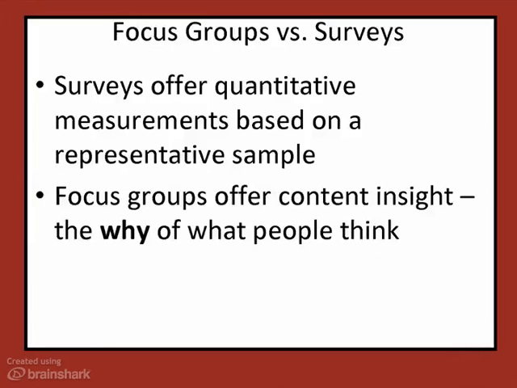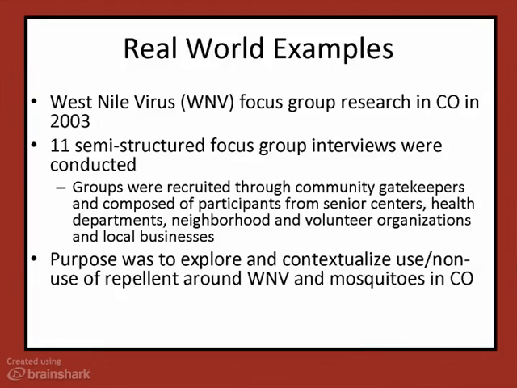And if time, money, and resources are not an issue, then you may want to consider doing a focus group and a survey so that you're able to collect quantitative as well as qualitative type of information on your area of study. An example of this type of work was done related to the outbreak of the West Nile virus in 2003 in Colorado.